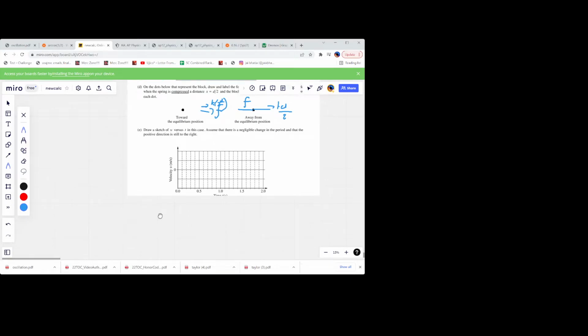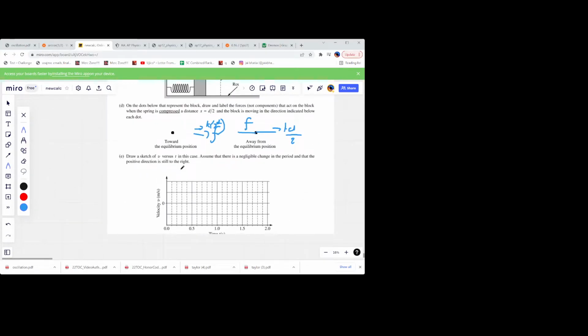Okay, interesting. Well, the initial velocity we know is 0. And then the velocity will go up, hit the period point, then go down back to 0.